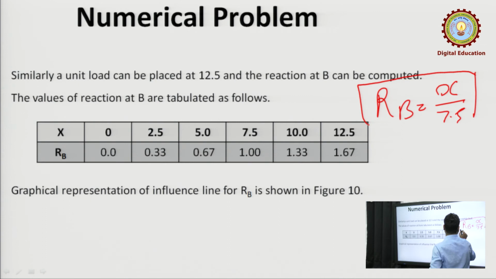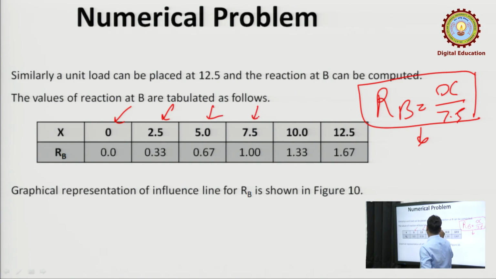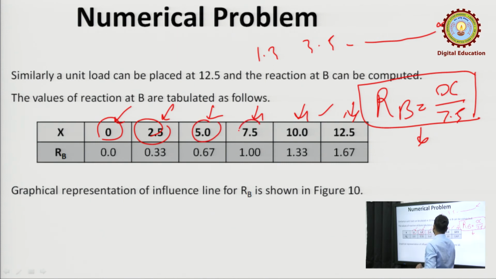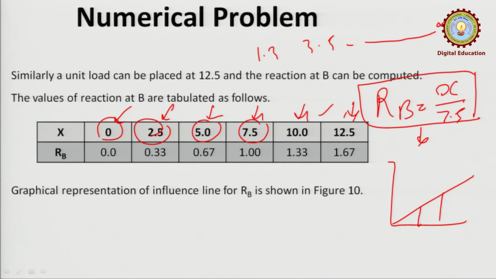We will find more values at 0, 2.5, 5, 7.5, 10 and 12.5. We can also find the values at 1.3, 3.5, something like that, and so on. But instead of that, you can just find the main points. It will be easy for your calculation also. And once we know the pattern, we don't need more points.